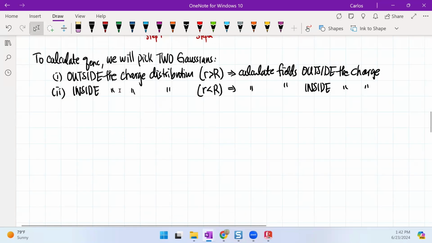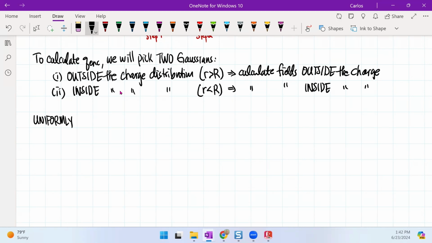So here we go. The first one we'll start with is the sphere. So if I have a uniformly charged sphere, what do I have? I have two things that I want to look at. I want to look at outside the sphere and inside the sphere. So we have to assume a couple of things.